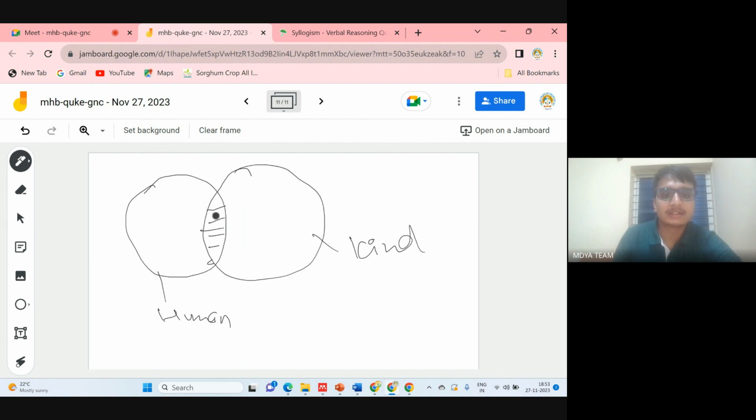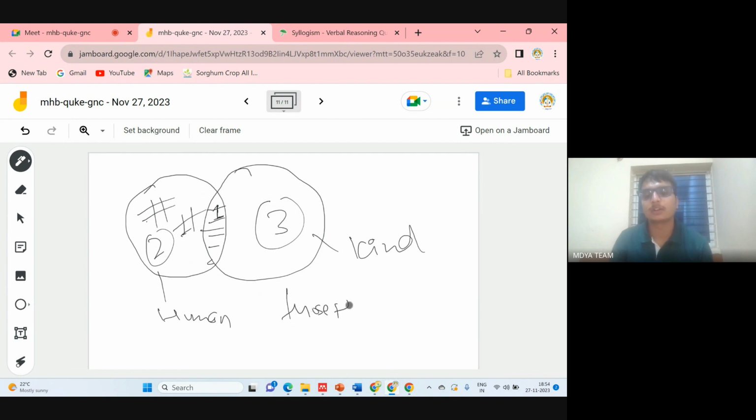Let this region we name as 1, this whole region as 2, and this region as 3. For some humans are not kind, only a small part of the human circle is overlapping with the kind circle. So they can ask you which region is indicating those humans who are not kind?